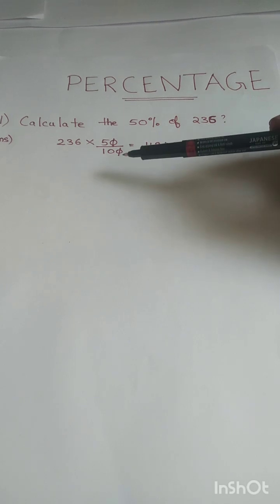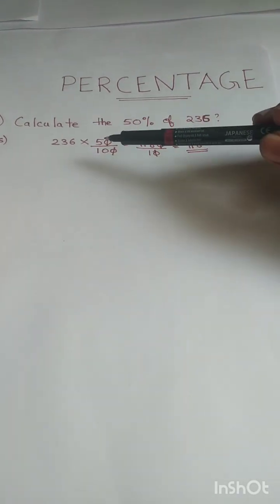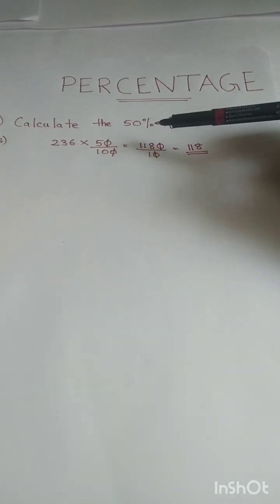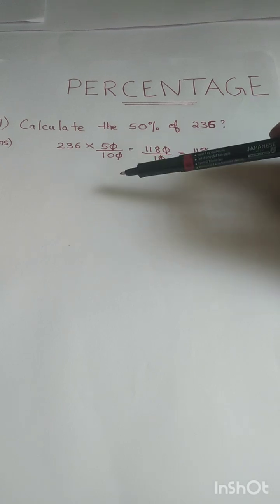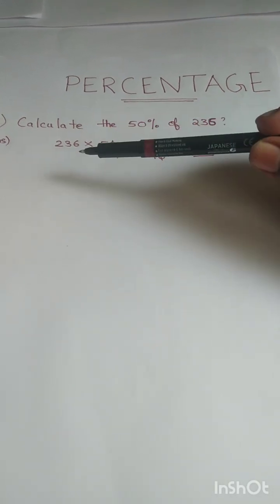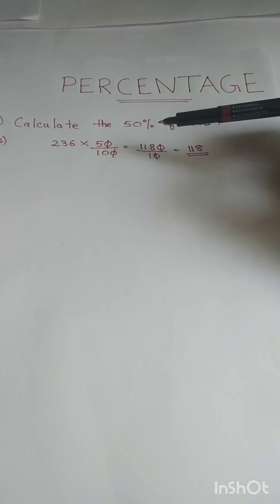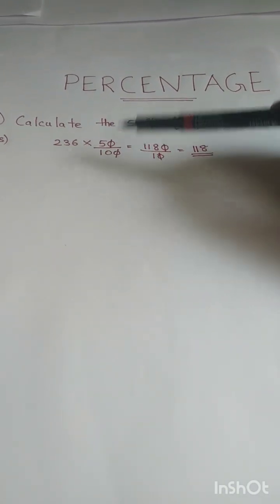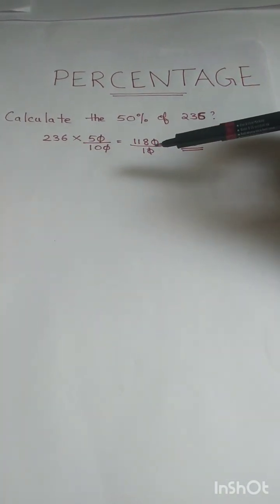But doing it in this format, we want to first multiply 236 by 50 divided by 100. To remove the percentage, you write it as 50 divided by 100. So 236 into 50 divided by 100: the zeros would be cancelled out. So 236 into 5 would be 1180.